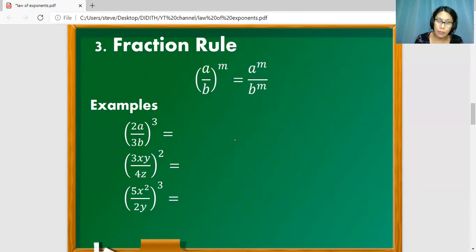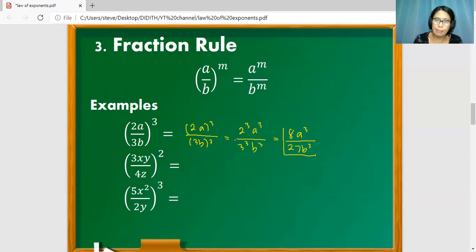So we have quantity 2a cubed all over quantity 3b cubed. So we have 2 cubed a cubed all over 3 cubed b cubed. So we have 2 cubed is 8, a cubed all over 27 b cubed.